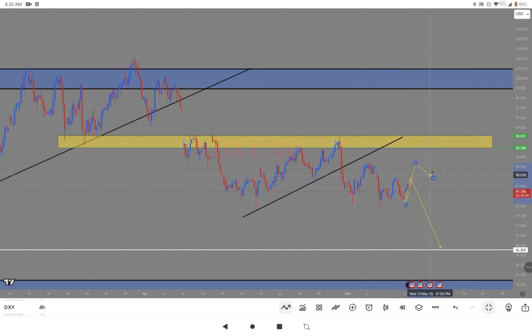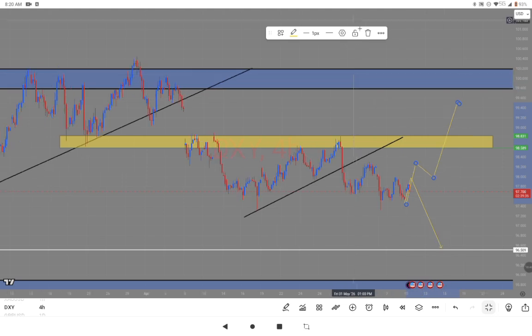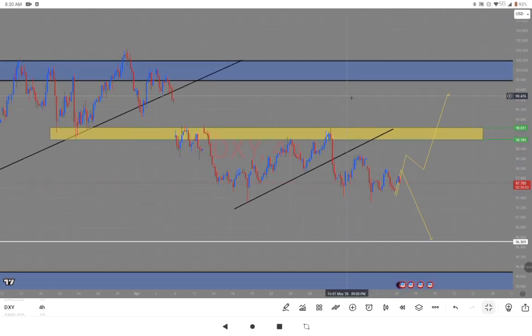So once we come back to the retest, I will be sure that we are coming back to this zone, and if this zone cannot hold, that means the blue zone can be another option for us. So that's the two scenarios I have for DXY this particular week.